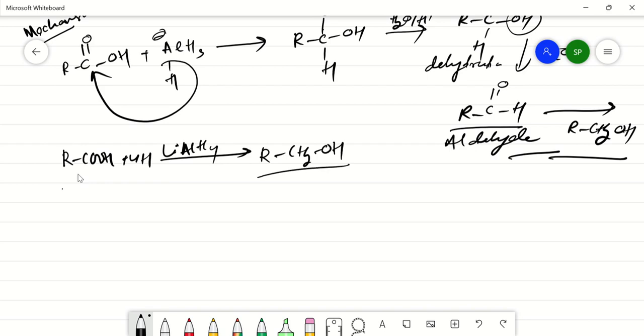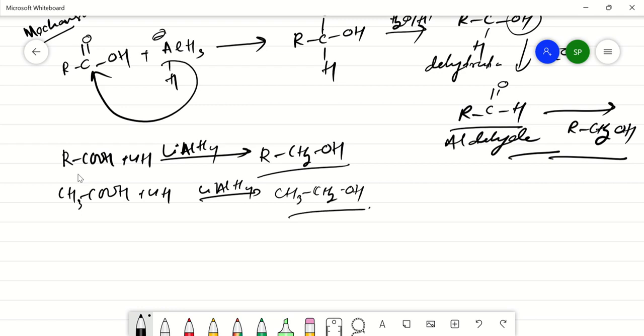Okay, a particular example like CH3COOH plus 4H in presence of lithium aluminum hydride to produce CH3CH2OH.